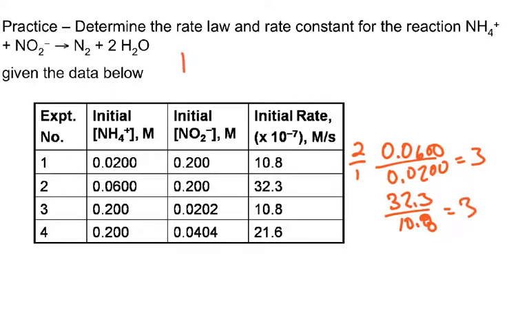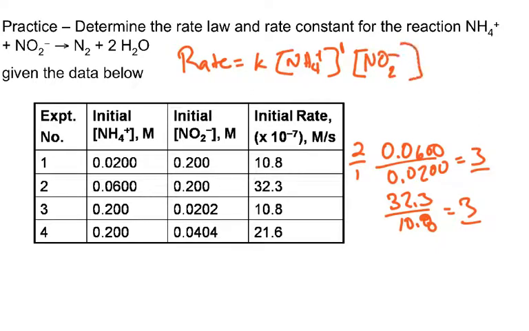So let's see, my rate is equal to k times my concentration of NH4 plus to some power. Here we found that when we tripled our concentration, we tripled our rate, which means we're first order with regards to NH4 plus. And then we have our NO2 minus.